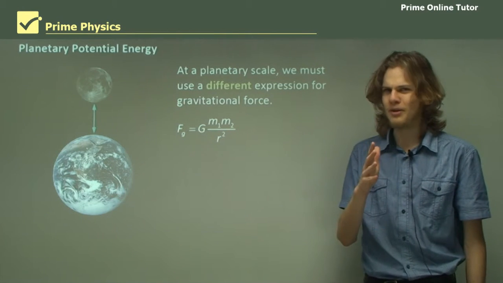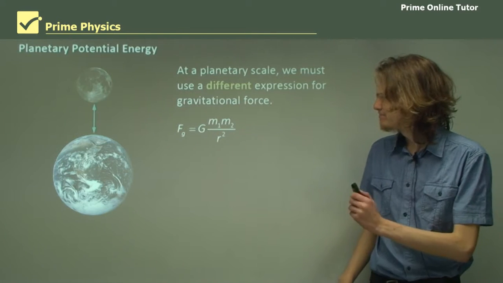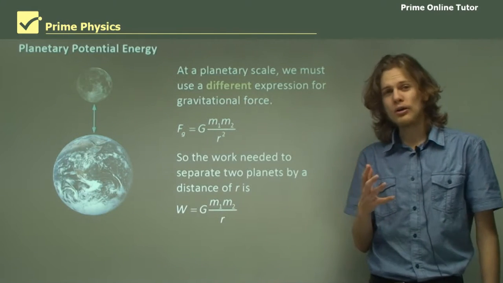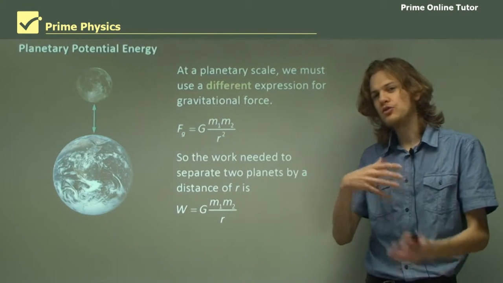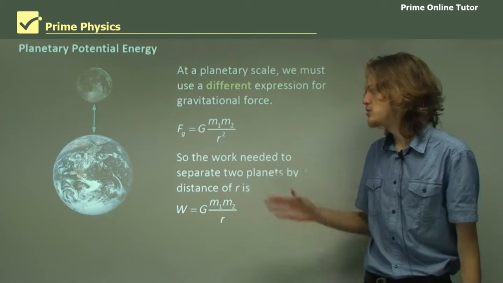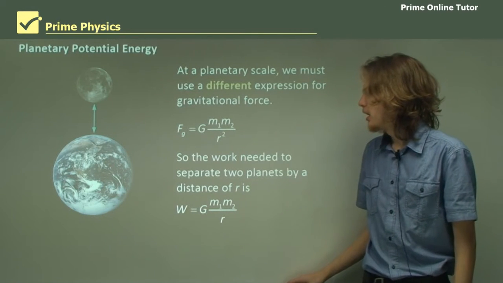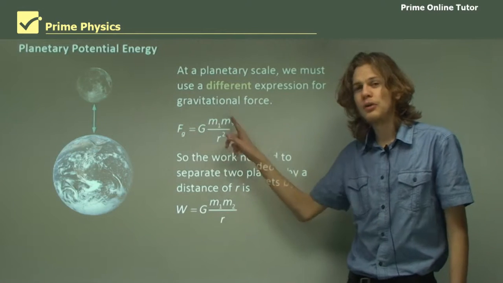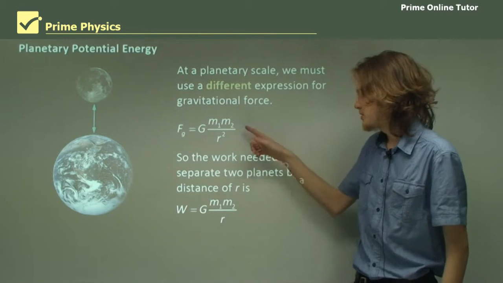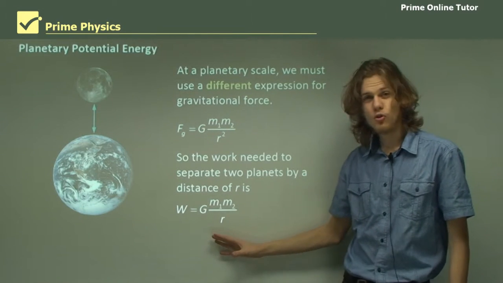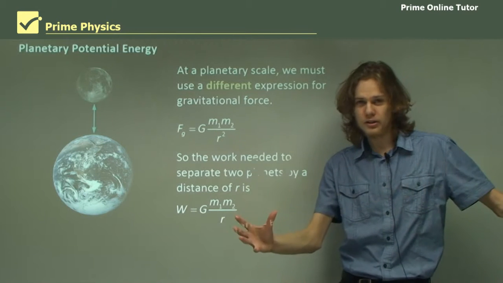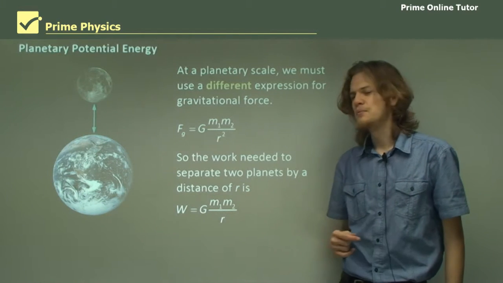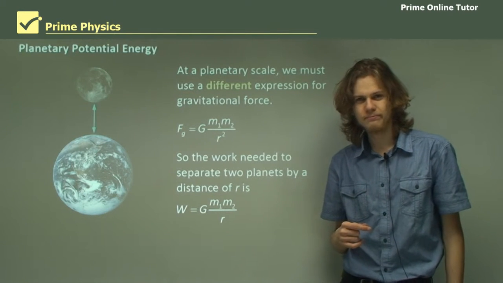This should look familiar by now. So the work needed to separate the two planets by a distance of r is given by this equation multiplied by r. One of the r's cancels out, so we end up with the work it takes to separate the two planets is equal to GMm on r. Make sense?